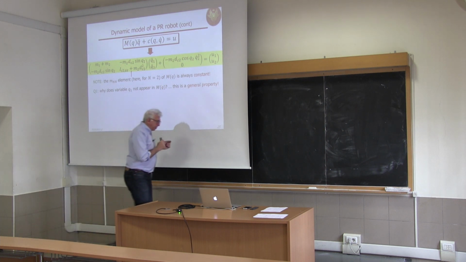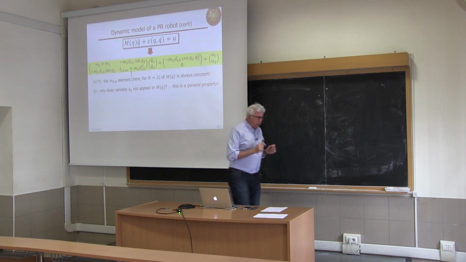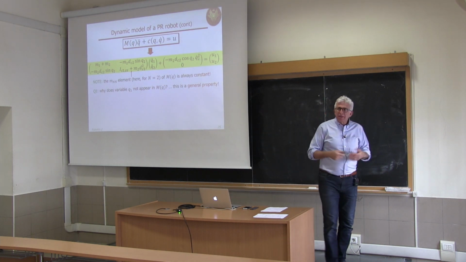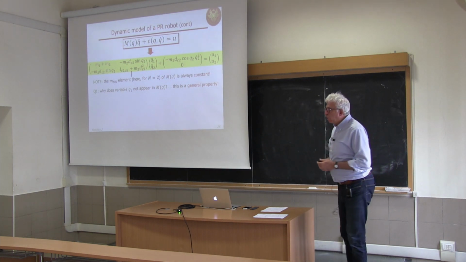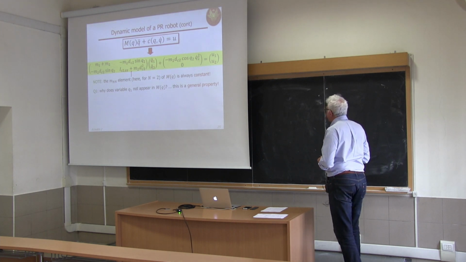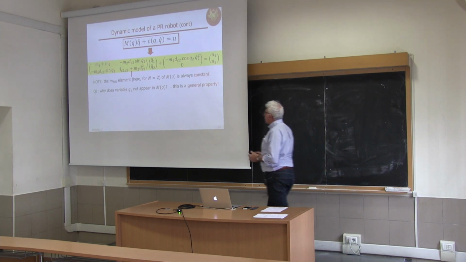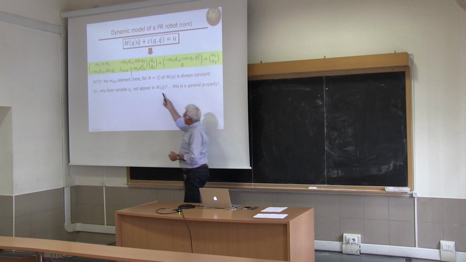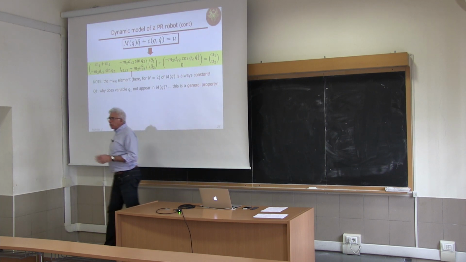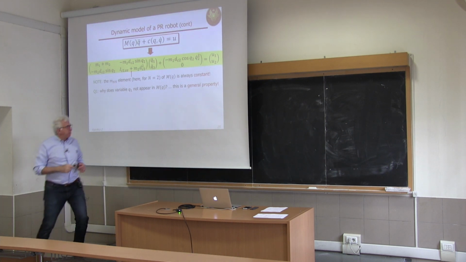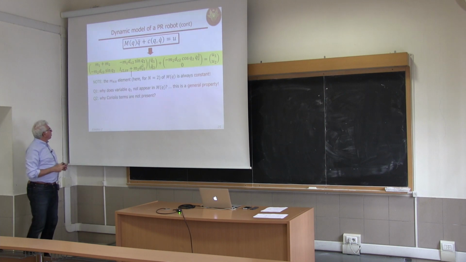So the fact that the inertia matrix does not depend on q1 does not mean that the velocity of q1 is not relevant, okay? So this is an answer to this question. I will leave the other question open, but let's go through all of them.